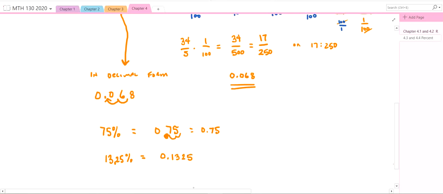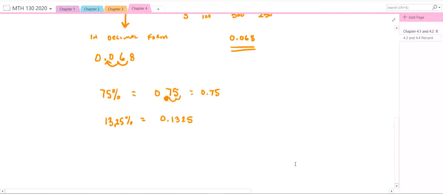We just moved the decimal point 2 over. That's how you convert a percent into a decimal. And that's important because when you operate with percents, or you take a percent of something, often when we talk about percents, we use the percentage value, but when we operate on it mathematically, we convert it into a decimal.